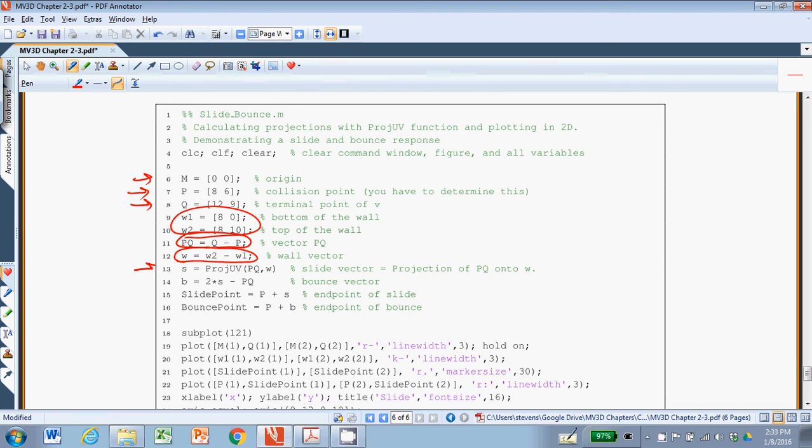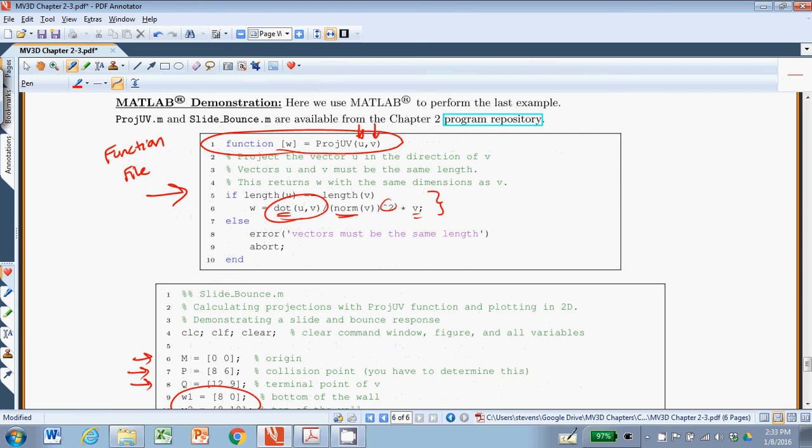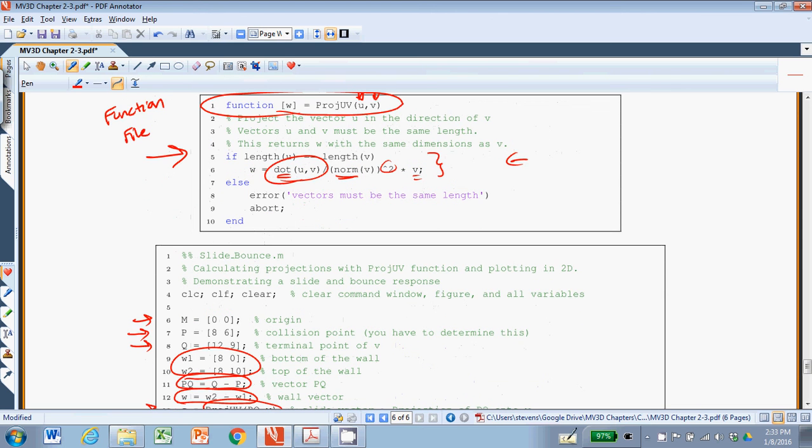The slide vector is the projection of PQ onto W, used from this function file up here. This is a function file. You could have done it as an anonymous function within the program, but you don't really get to do the error checking with an anonymous function.